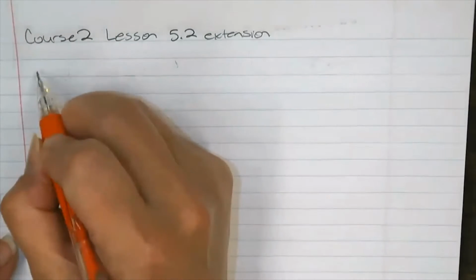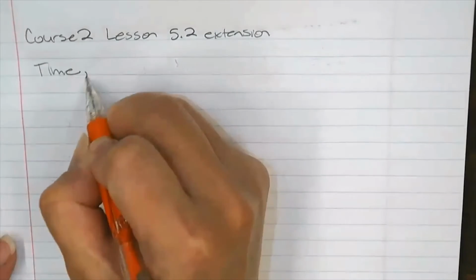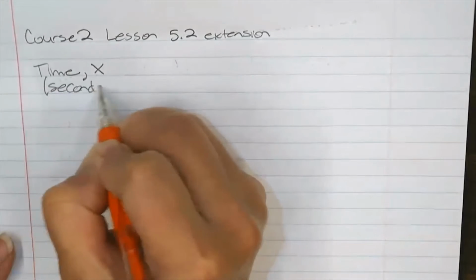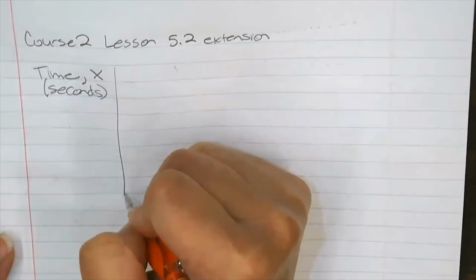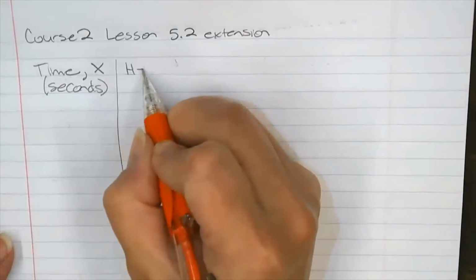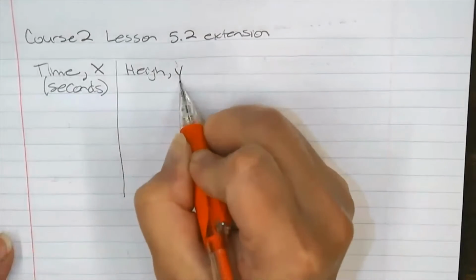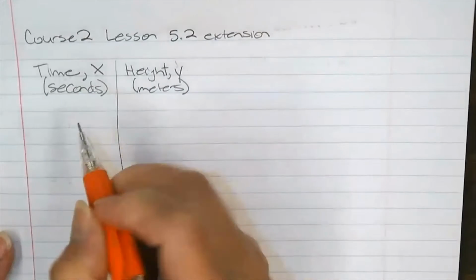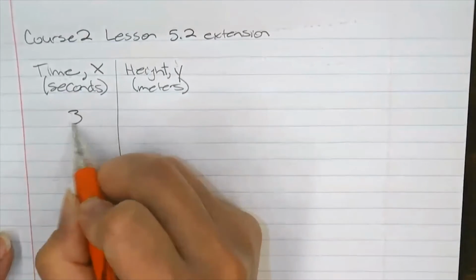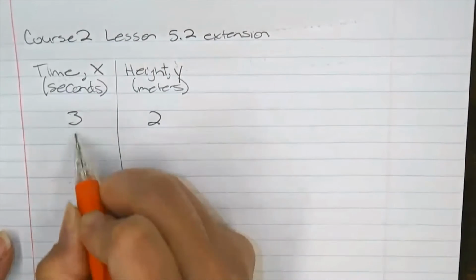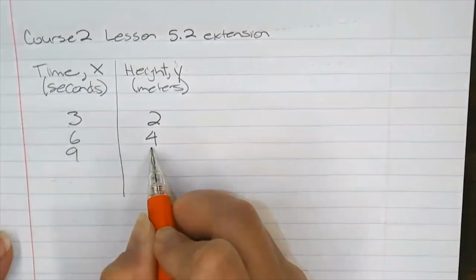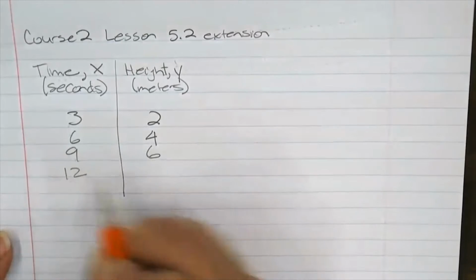The textbook is going to give us a table that looks like this. Time X, which is seconds. Height Y, which is meters. And we're going to go 3, 2, 6, 4, 9, 6, 12, 8.